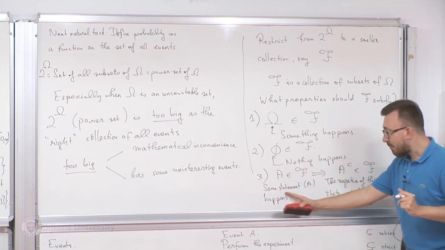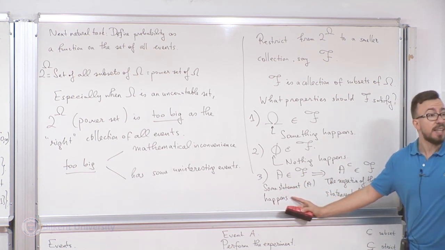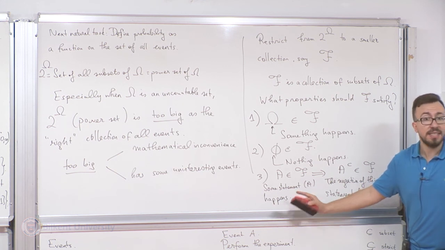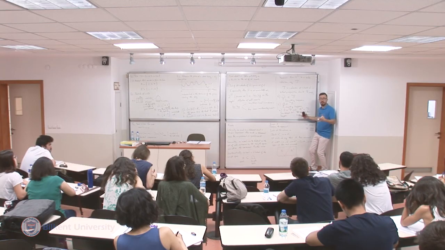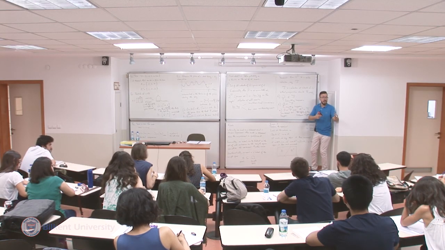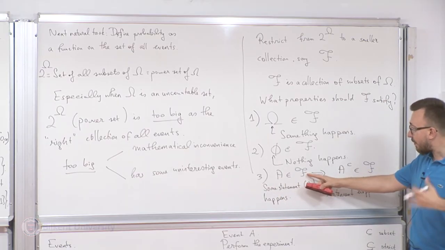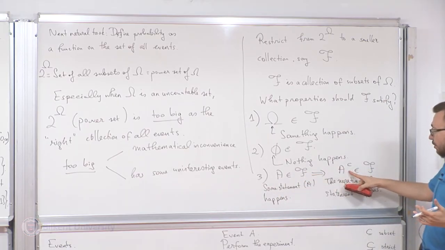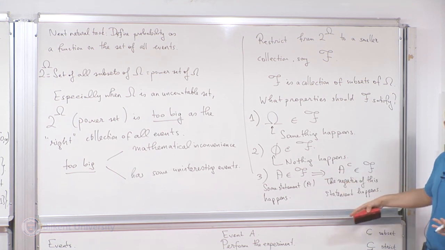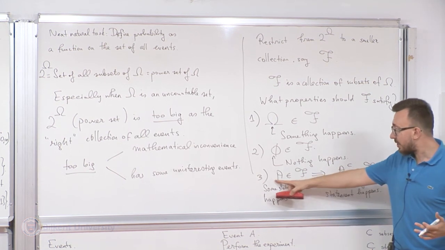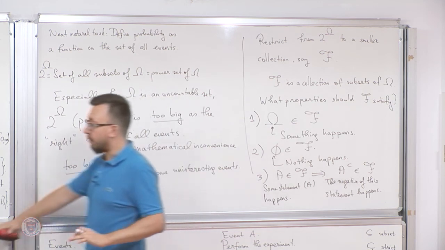If the statement happens, you know that the negative of that does not happen. And since you say it does not happen, this means the negative of this statement is also interesting. It's equally interesting for you. So if you include A in your collection of interesting events, you should also include the complement. They are equally interesting for you. If you can answer one question, you can answer the other in a positive or negative way.